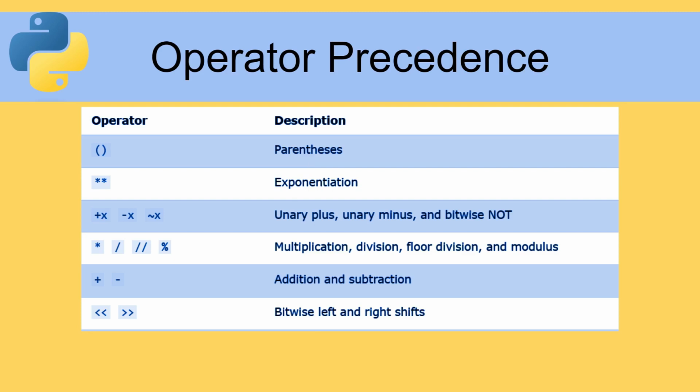So your compiler does first the parentheses, after that the exponentiation, after that unary plus, unary minus, and bitwise NOT.